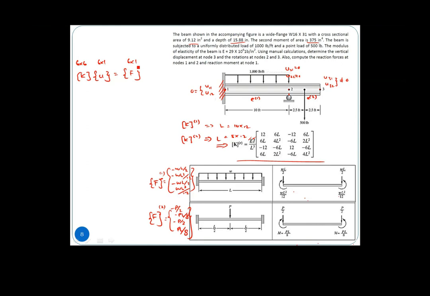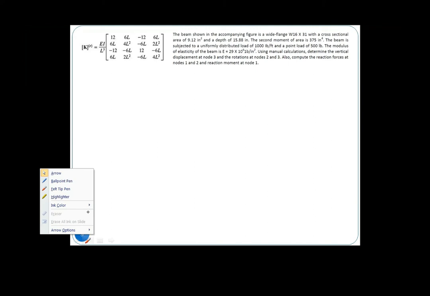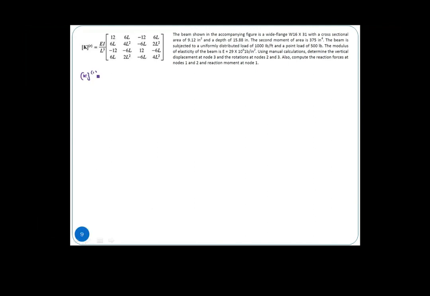So to determine our K1 and K2, basically we are substituting into the formulas that you see here. We have our K1, then basically we substitute 29 times 10 power of 6. Our I is 375, right? Our L for number 1 is 10 times 12, right?